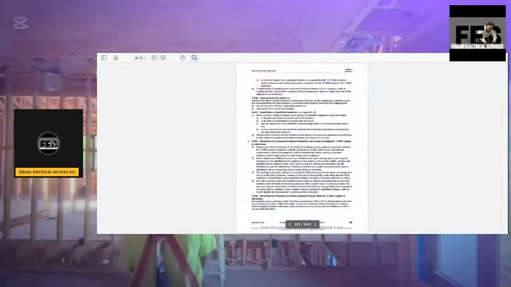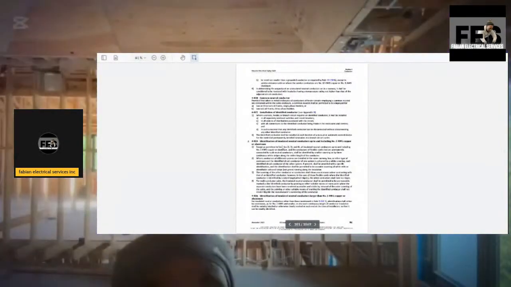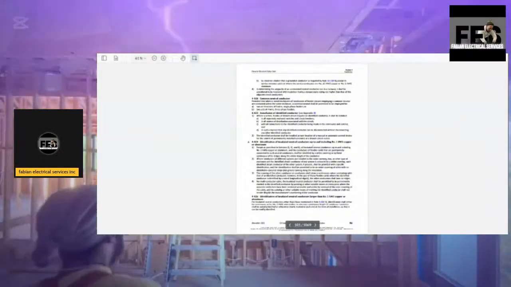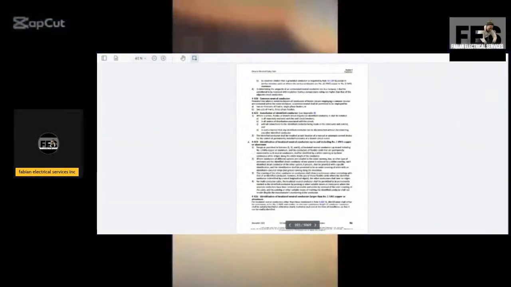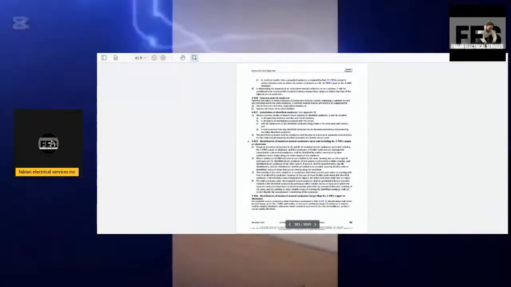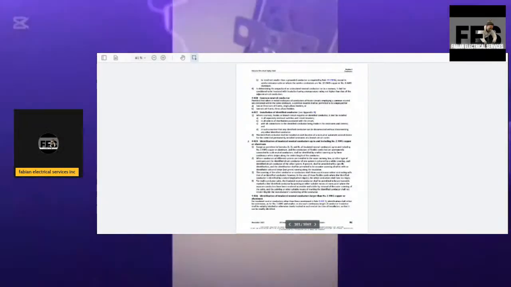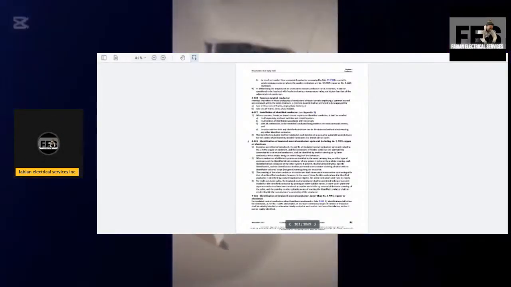And now we're into the identification of insulated neutral conductors up to and including number 2, copper or aluminum. What this simply means is up to and including, you cannot go below that.